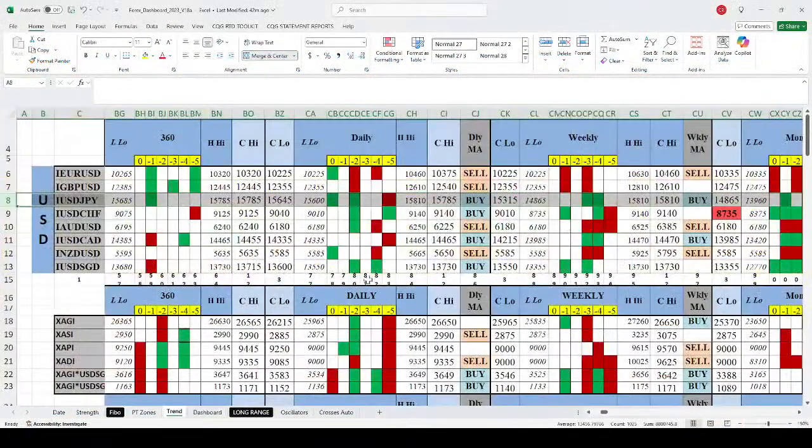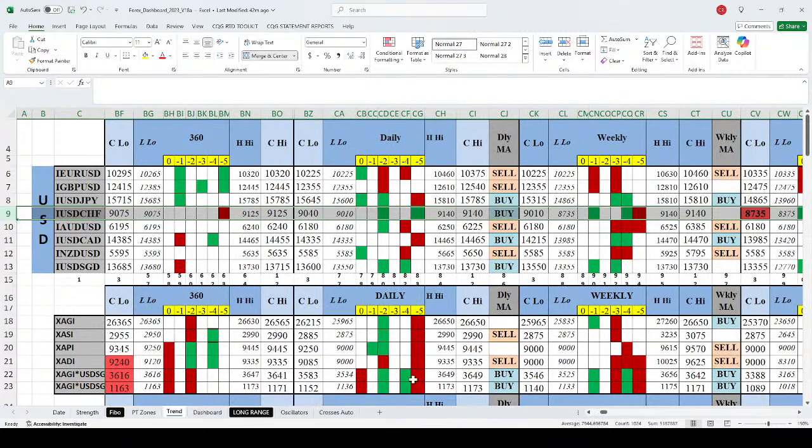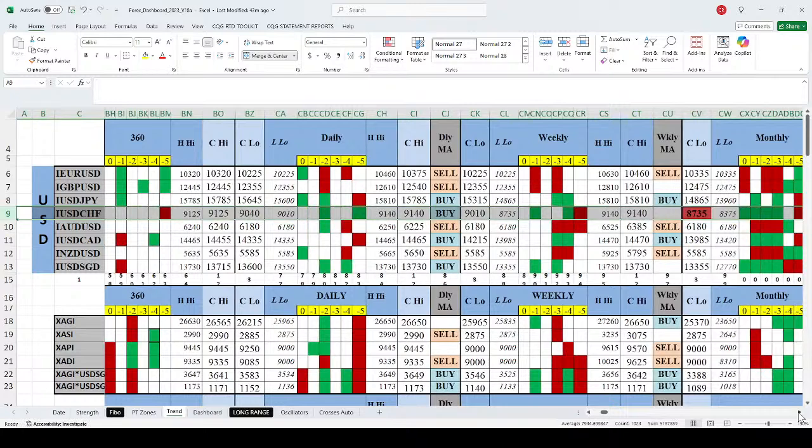cross. Okay, the next cross, remember we are going to get a CPI, the Swiss CPI. So this one, I think we need to be in this trade as well. So looking at this on the 360, this is flat with a downside bias, daily flat with an upside bias, weekly flat with an upside bias, monthly this is in an uptrend.